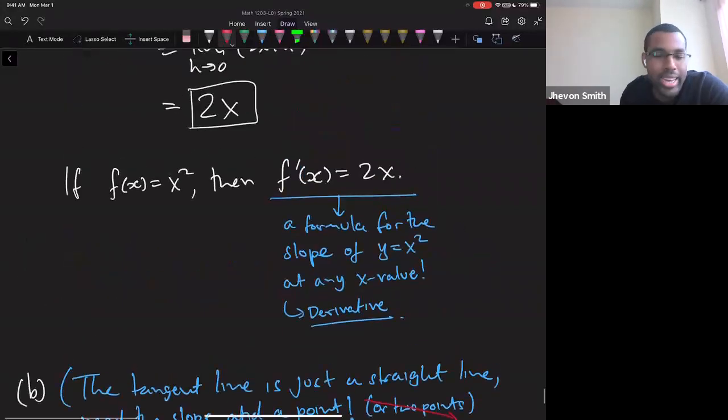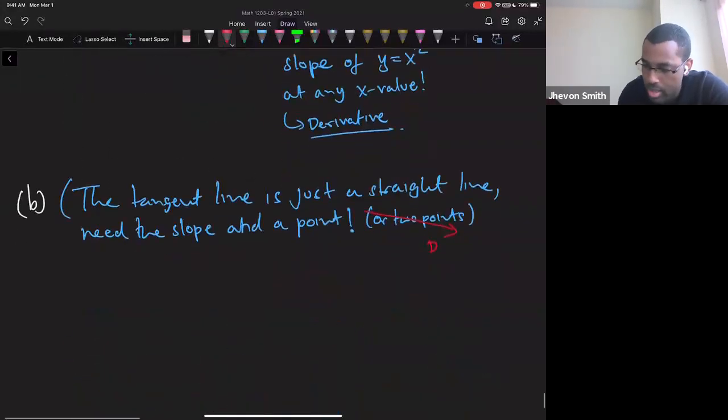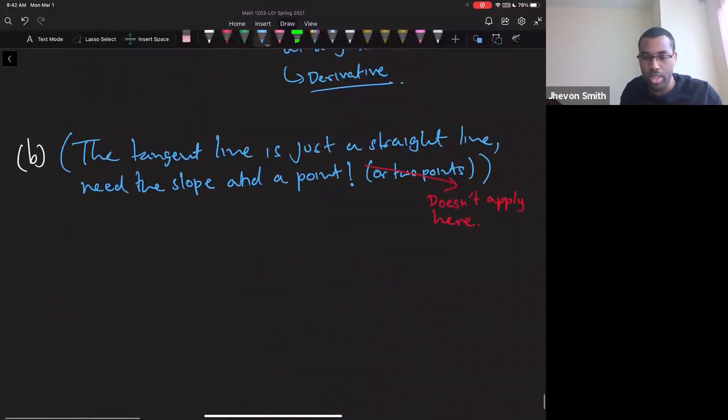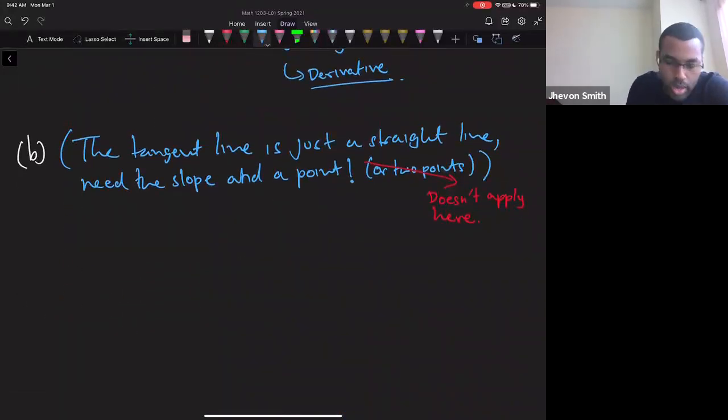You just told me 1 point, x equals 3. So we're looking for a straight line, which means I just need to know a slope and a point. If you only gave me the point, I now need to know the slope. So we know the point, or we know how to find it.